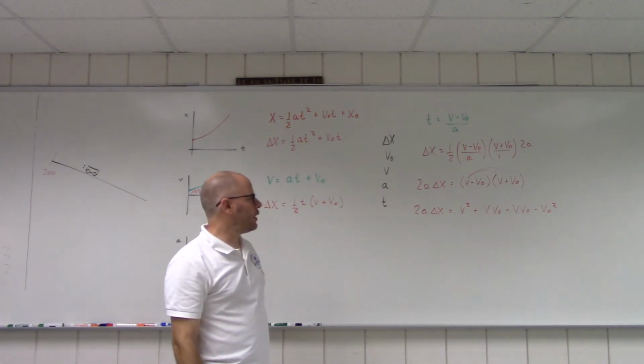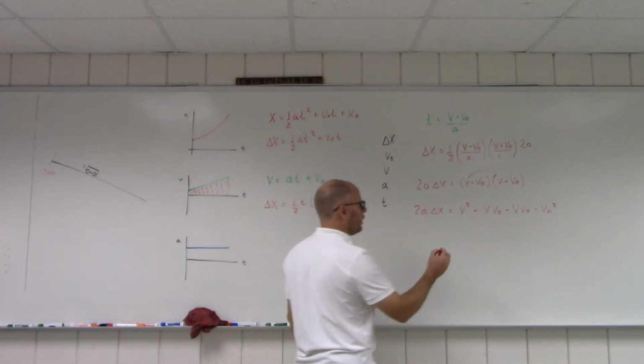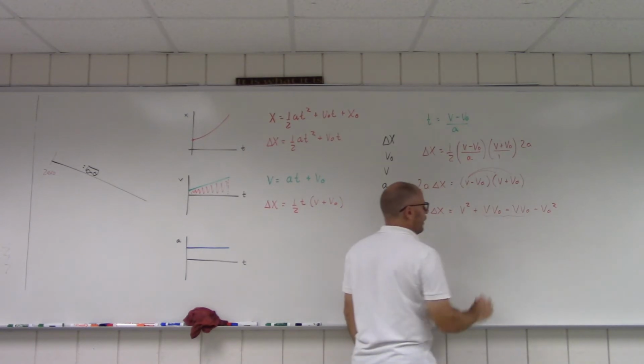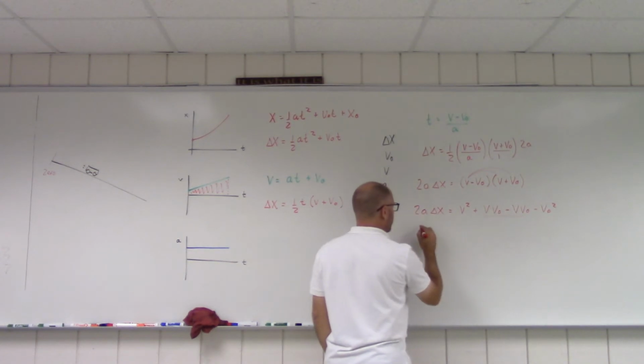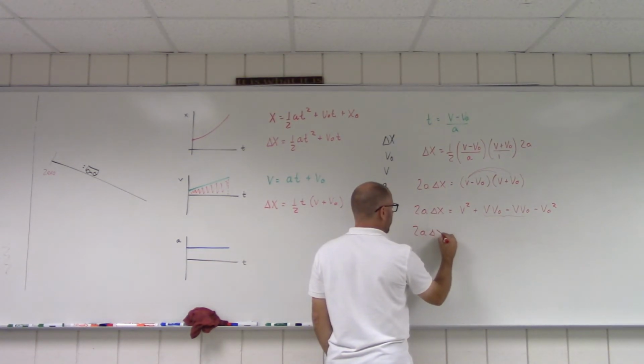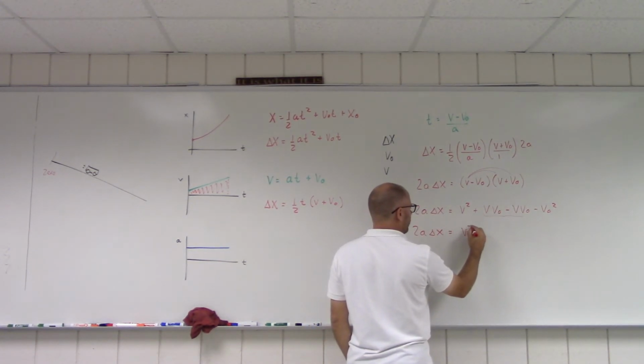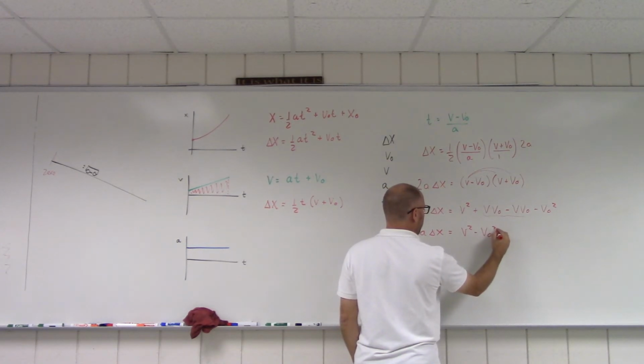If you're looking closely, you can tell that those two middle terms are like terms and they're actually opposite, and so they subtract to 0, so you end up with 2a delta x is equal to v squared minus v0 squared.